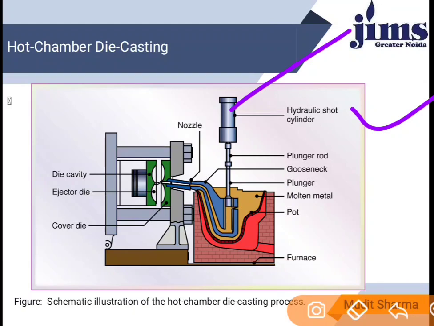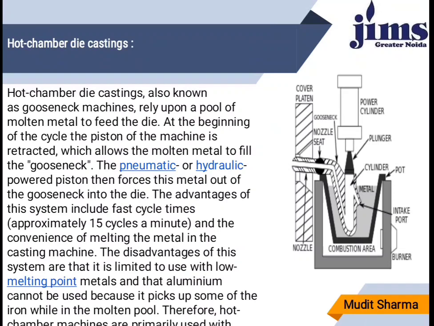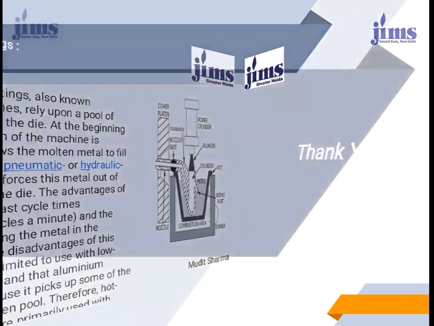The metal is held under pressure until it solidifies in the die. Low melting point alloys such as zinc, tin, lead are commonly used in this process. Why do we call it hot? Because we continuously heat the molten metal with the help of a furnace. You can see it in the schematic diagram. You can study the common process steps with the help of this PPT.